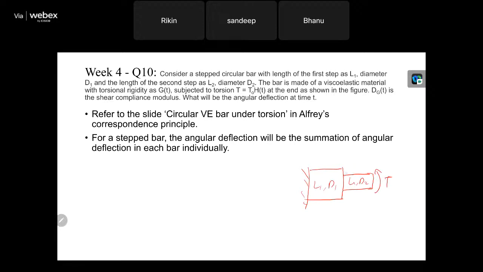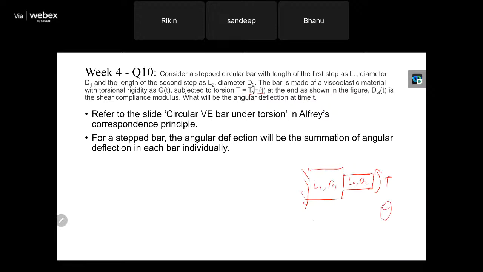Now, this bar is made of viscoelastic material with torsional rigidity given as G of t. It is subjected to torsion whose value is given as T naught H of t, and J of t is the shear compliance modulus. Now you've been asked to find theta.